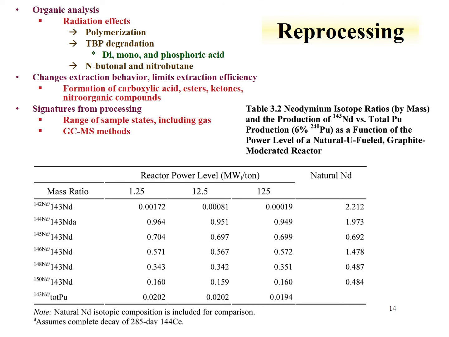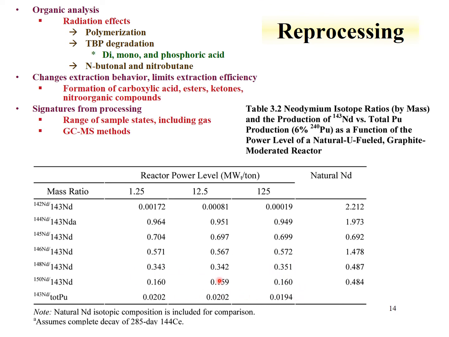But what we want to show here is that if we look at this ratio of the different neodymium isotopes, or the neodymium-143 to plutonium total, that ratio varies a little bit depending upon the power level of the reactor. We're just going up by orders of magnitude. But we do see that there are some isotopic ratios which could be measured. The sensitivity would be difficult.